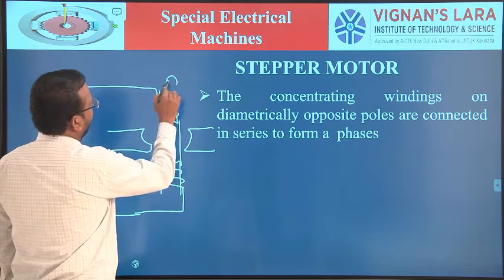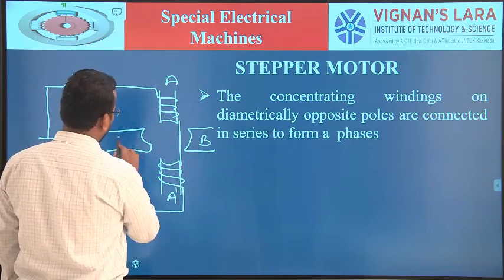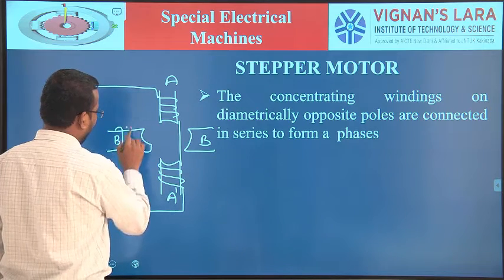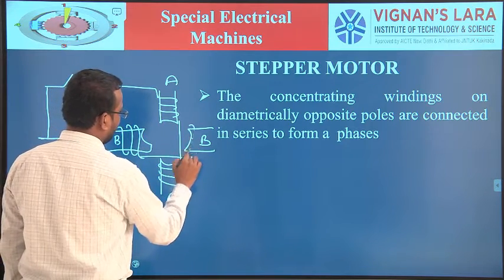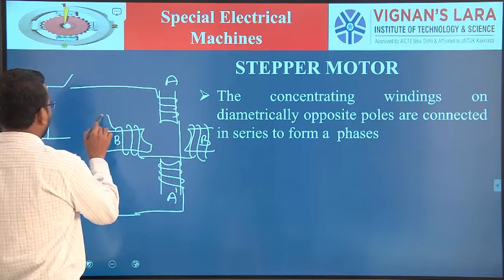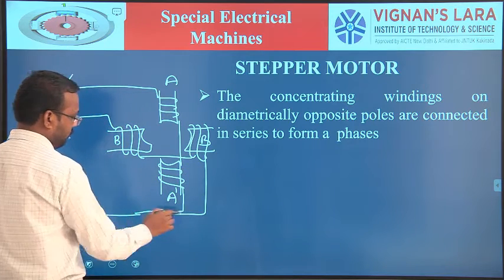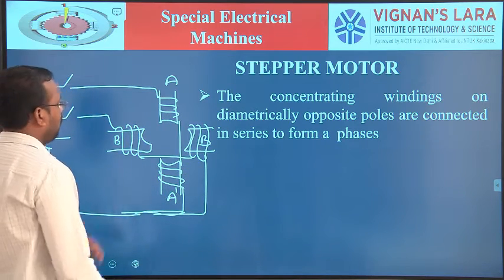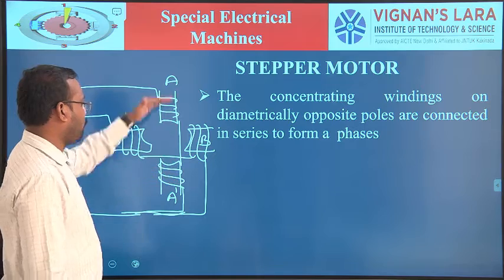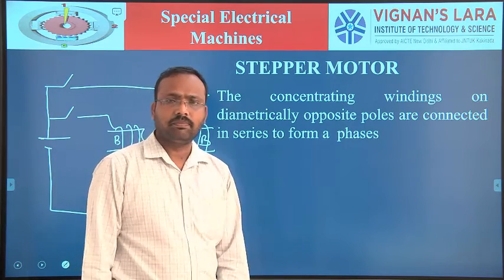This is A prime, and this is B and B prime. Similarly you have winding here also. So these windings are connected in series to form the phases, on the diametrically opposite poles.